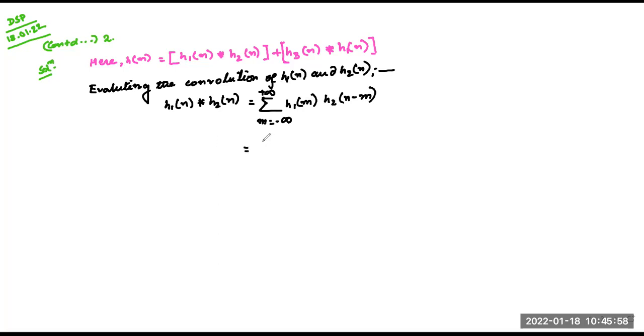That equals summation of m equals minus infinity to plus infinity h2m into h1n minus m, using the commutative property.